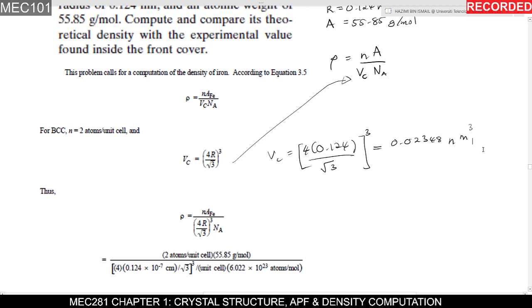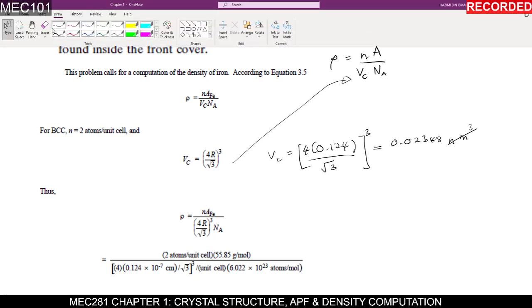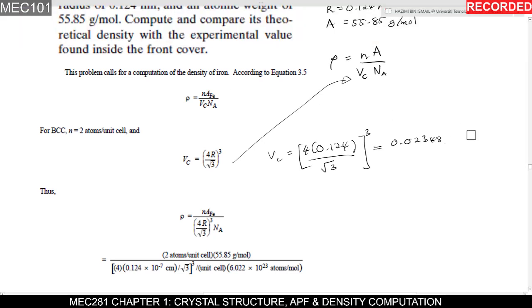Okay, so never mind, we can leave it as the unit per unit cell.